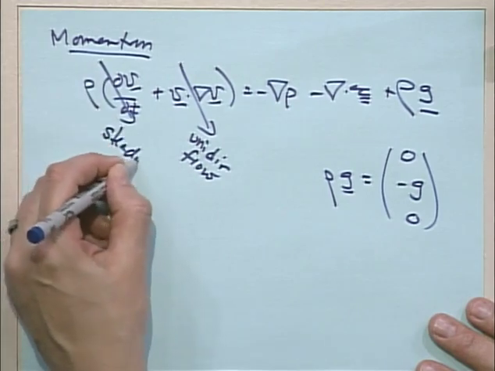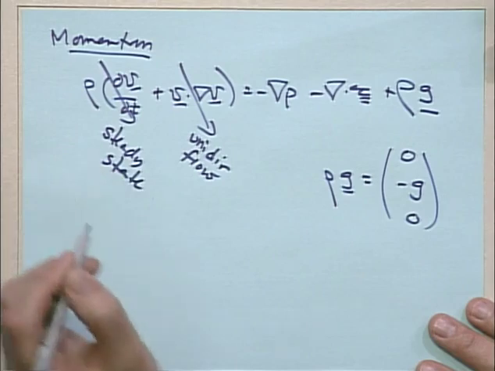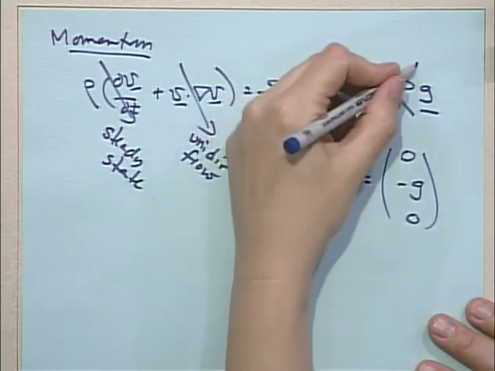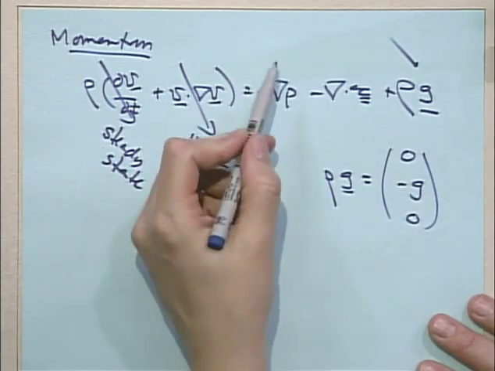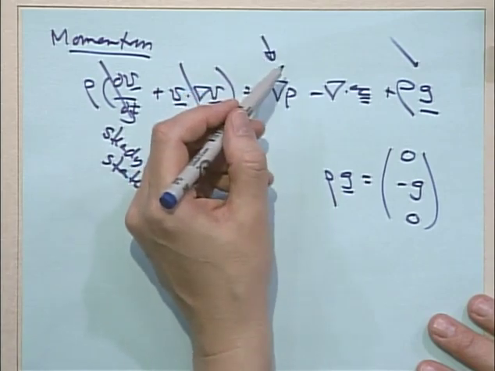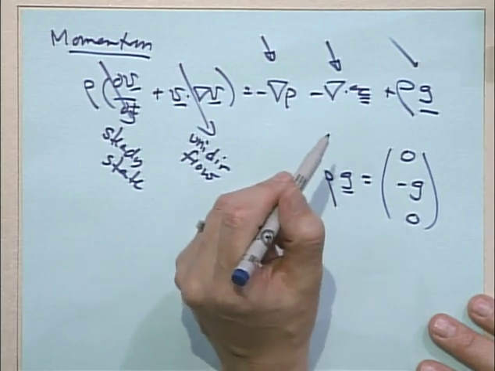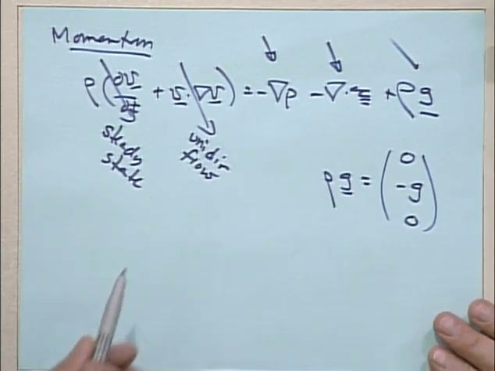Right. Anything else? Probably not, right? So this one we usually keep until we're forced to do anything about it, and this one is usually where the meat of the problem is, and that's also the case here. So you've done them all.